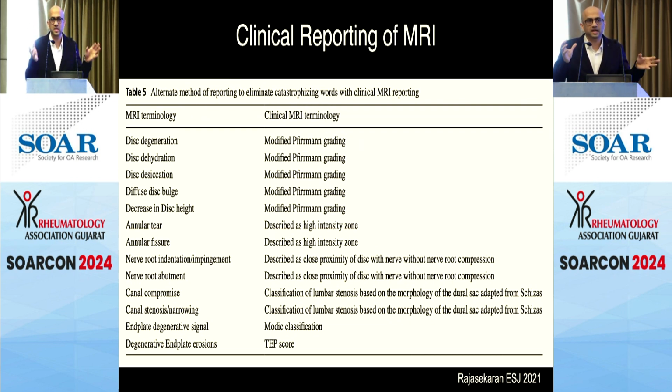Consider yourself as a layman hearing in your MRI report that you have an annular tear. Versus if the radiologist reports it as a high intensity zone, the patient might not get so alarmed than reading it as annular tear. Tear means something, damage has happened, like an ACL tear. So it is not the same.